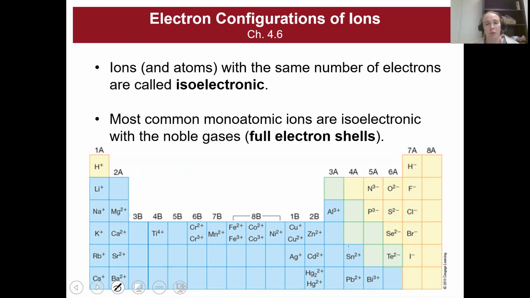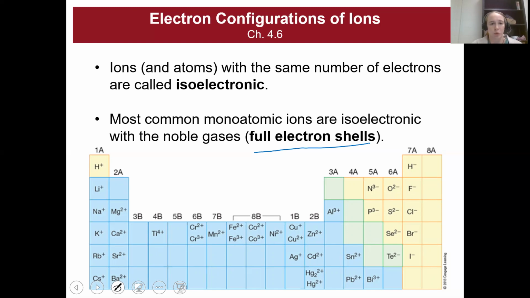And they want to be isoelectronic, have the same number of electrons as noble gases, because noble gases have full electron shells. That is the most stable configuration of electron configurations, when the electron shells are all filled, when we are at our noble gas.